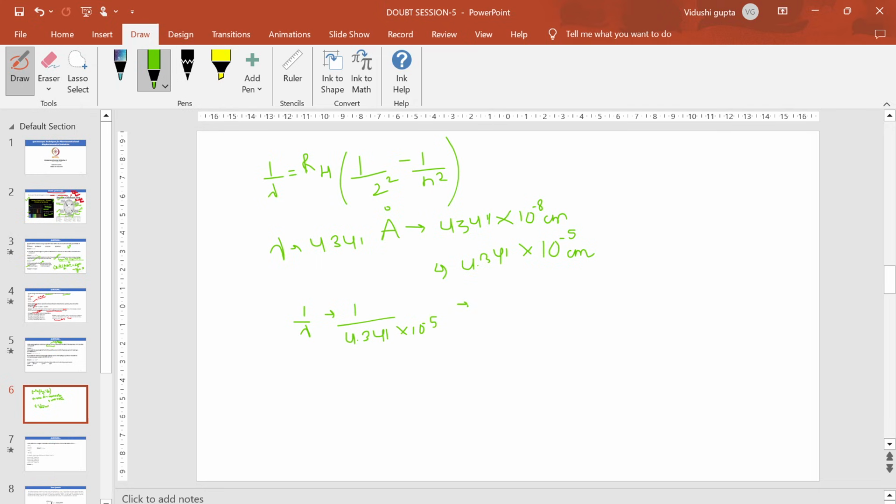That means it will be 23032.3 centimeter inverse. So this is the value of 1 by wavelength. So now put this in the Rydberg's formula and calculate the value of n.